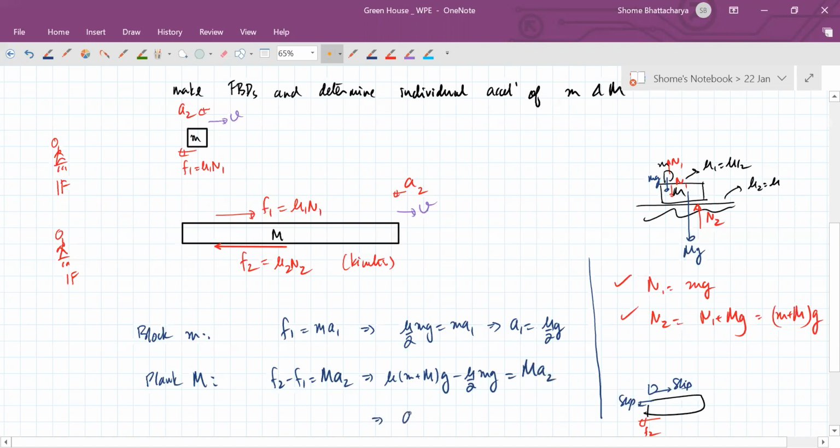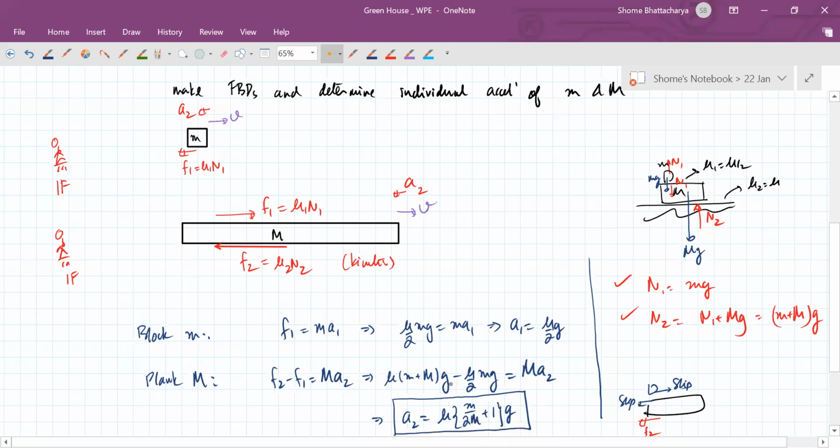So this will give us a value of A2, the deceleration of this one, as mu into 1 minus half, so that will become half. So (m by 2M plus 1) into g. Okay. So I've just done some of the steps algebraically.